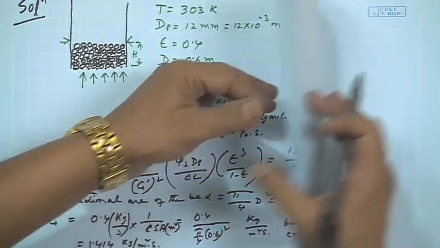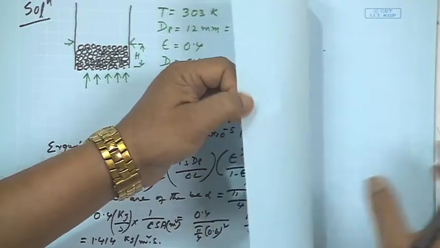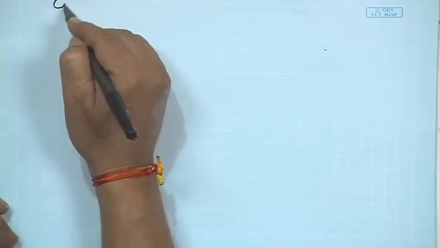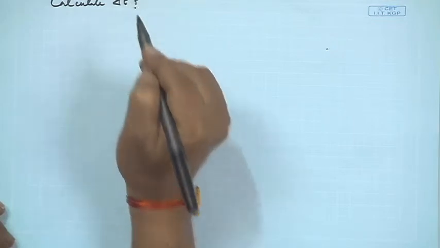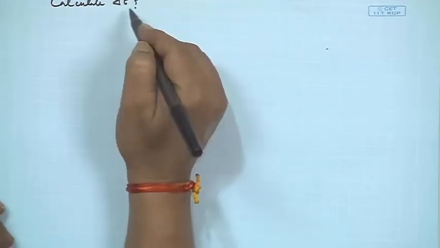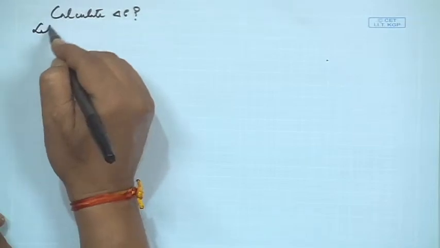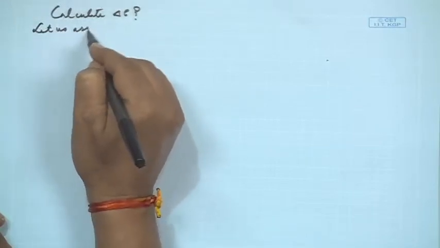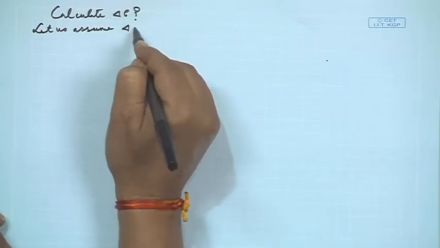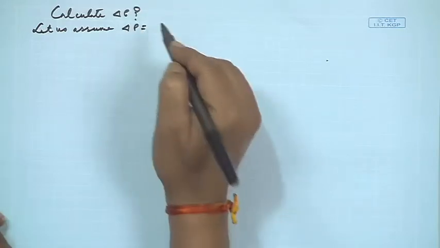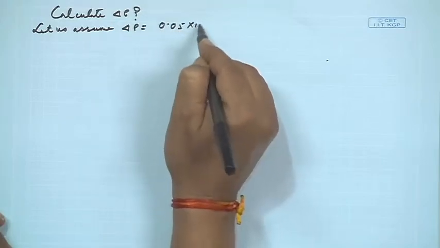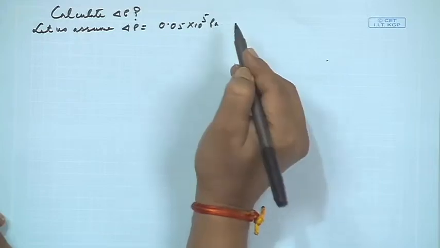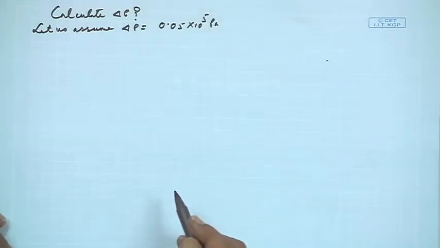Then we have to find out delta P, right? So now let us assume delta P to be, say, as small as possible, say 0.05 into 10 to the power 5 Pascal, right?